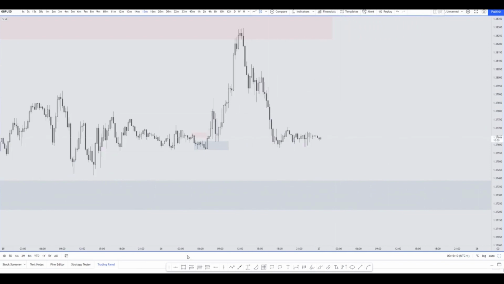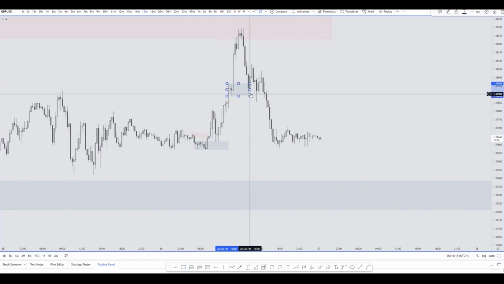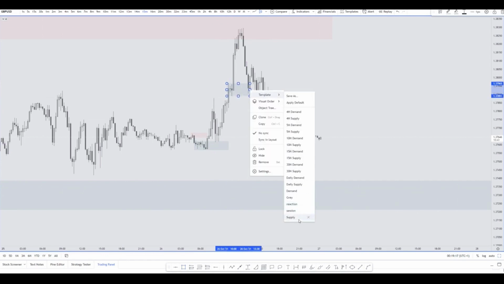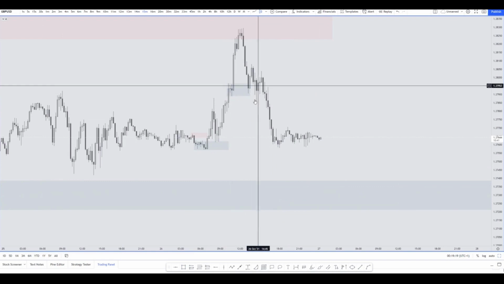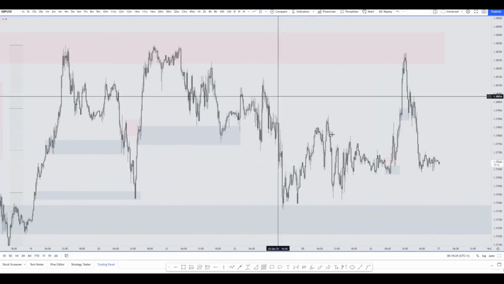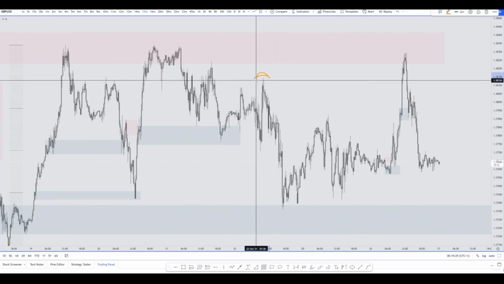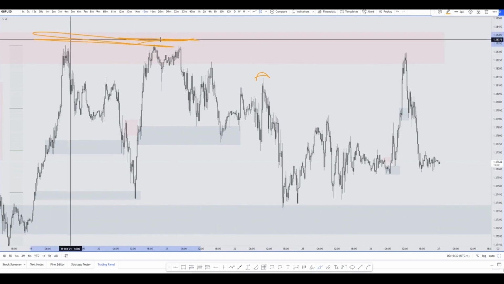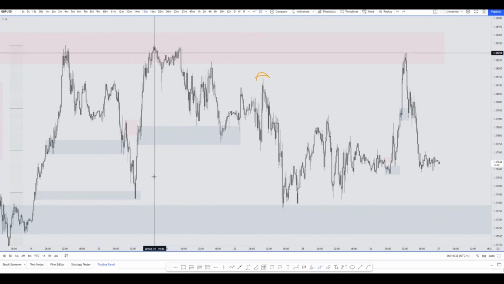For example, here we have a demand zone that went on to create a new high. You would think this is a strong demand, but if you actually zoom out and look, it took this 15 high, but it never created a new higher time frame market structure.